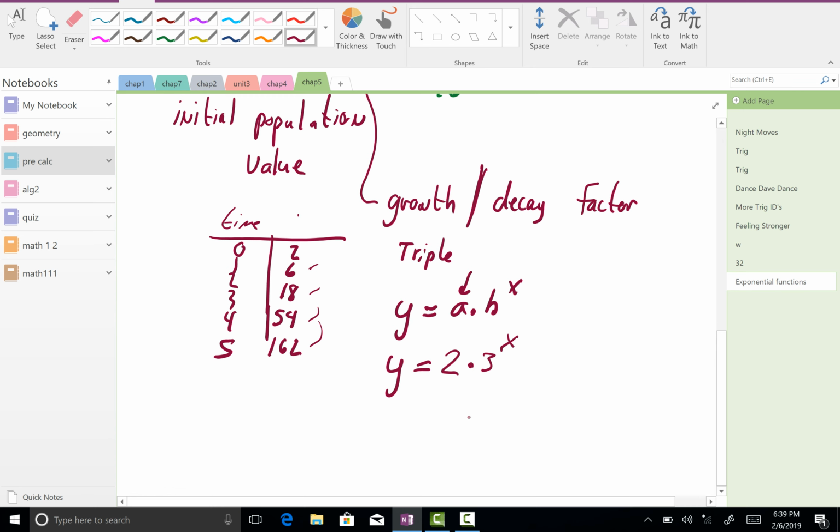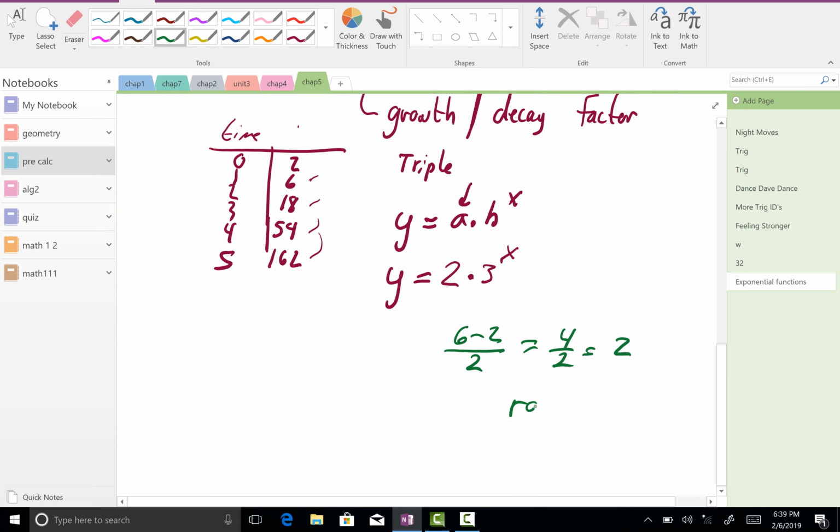If you need to find the growth rate, let's do the growth rate real quick, and I bet you'll see a pattern here. So if we take 6, subtract 2, divided by 2, that's 4 divided by 2, which is 2. So the growth rate is 200%. Now, the growth factor was 3, and the growth rate is 2.